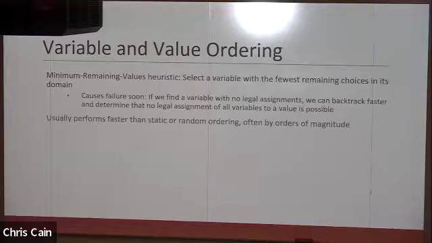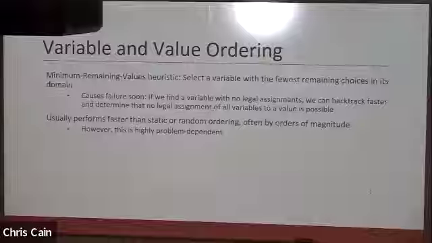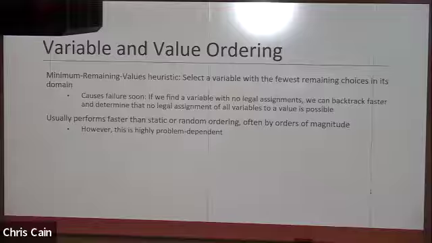By itself it performs faster than choosing randomly or statically, frequently significantly. However, it's also highly problem dependent, meaning that how much faster it's going to be, or even if you save much work at all, is going to be based on the domain. So thinking about whether this is actually going to help us, yes or no, is a valid question to ask before you implement a heuristic that might not do too much.